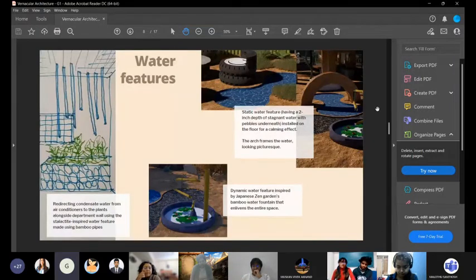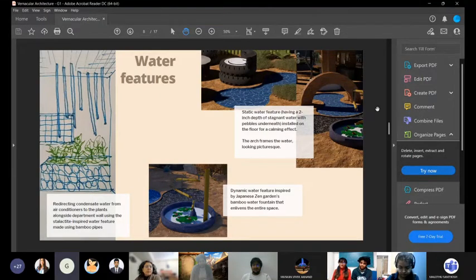The second feature is on the right. This is a static water feature, so we'll be digging a shallow space, which is already in this form, as shown in the render. It would be filled with pebbles and 2 or 3 inches of water.